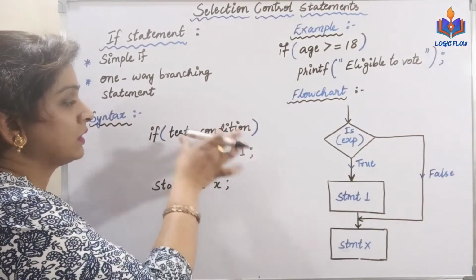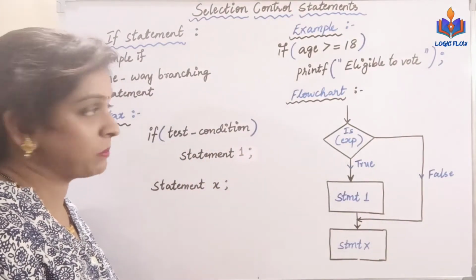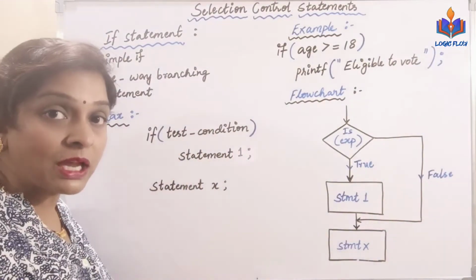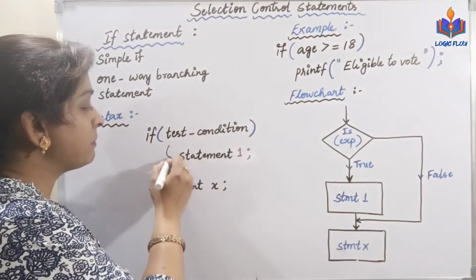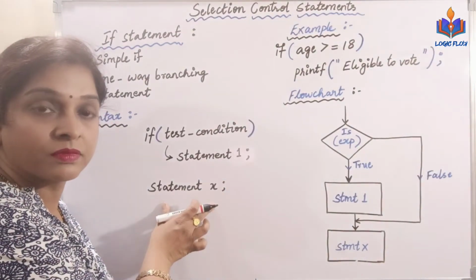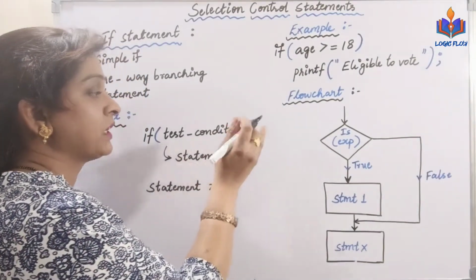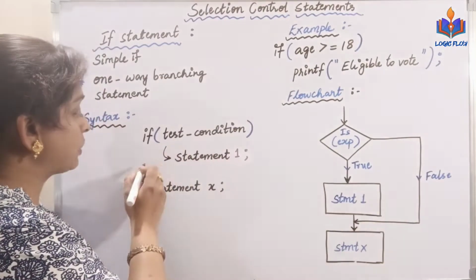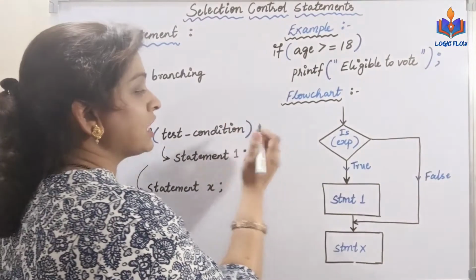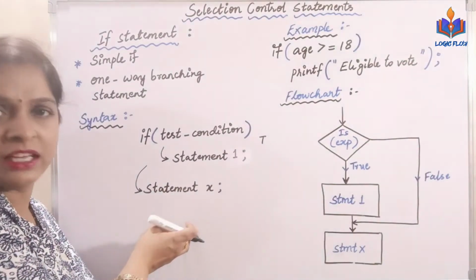Followed within brackets, we have to put the test condition, or we also write it as expression, whatever it may be. Based on the evaluation of the test condition, if the test condition evaluates as true, then this immediate statement gets executed and the control will go to statement X. But if the condition evaluates as false, this immediate statement will be skipped, and control will go to statement X. So if the condition evaluates as true, statement 1 gets executed and continues with statement X. It can be anything.